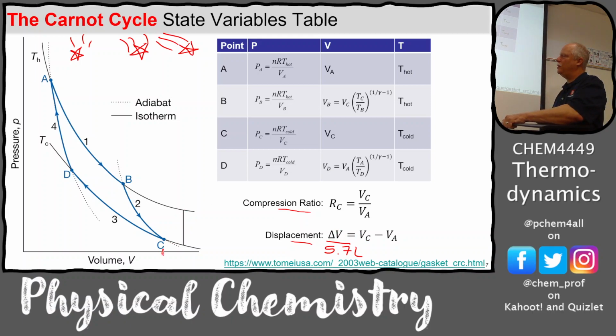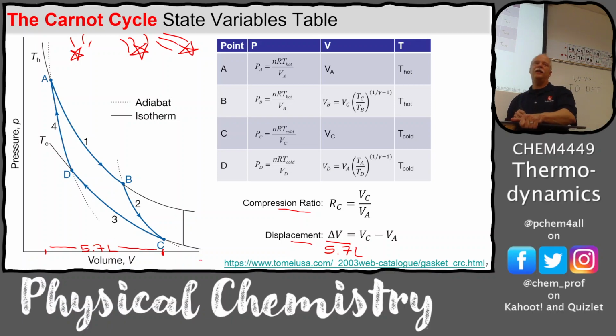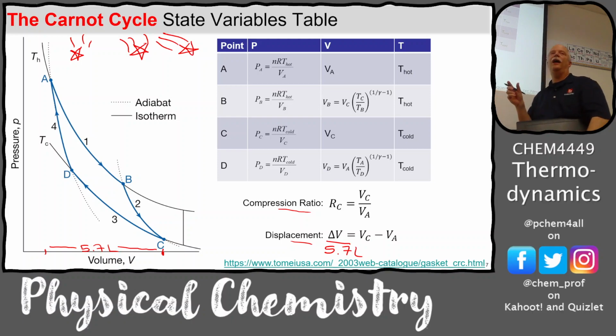So this volume here to this volume here, that difference is 5.7 liters. That doesn't tell me what A and C are. It just tells me the difference between them. But I at least know that. And now, how do I get the values of VA and VC?